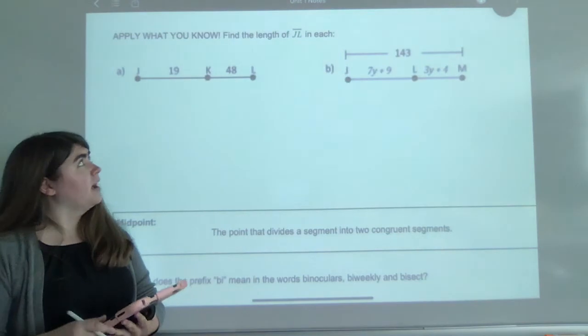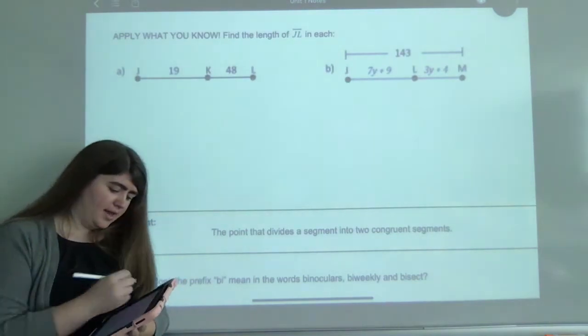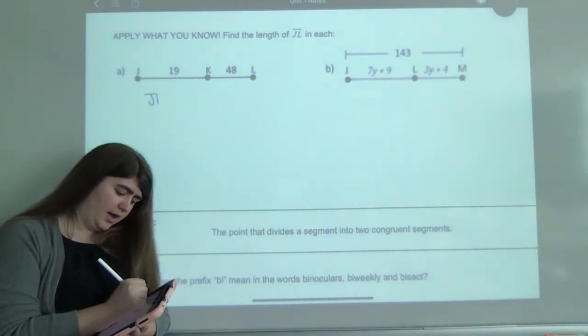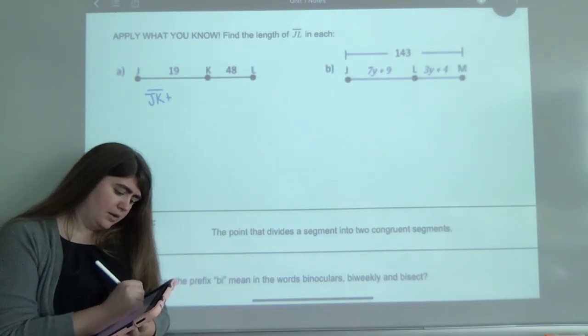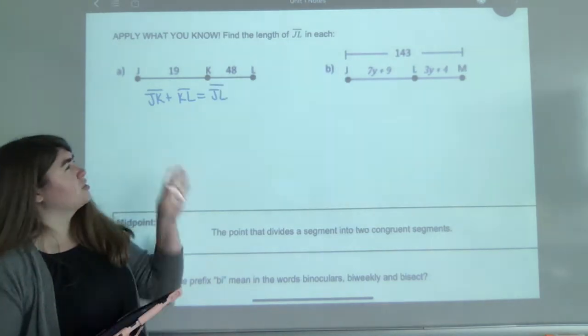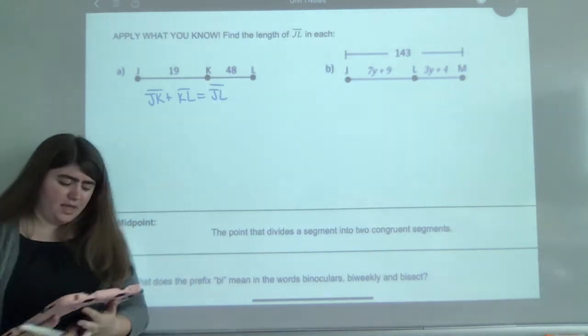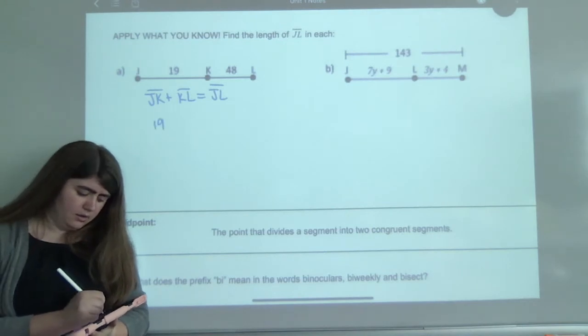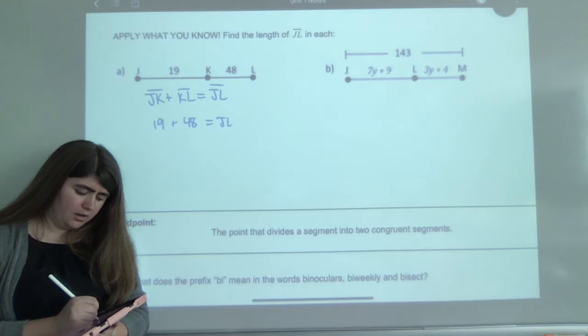So the reasoning behind this from our postulate says that segment JK plus segment KL is equal to segment JL. So because of this thought process, I'm going to go ahead and say that 19 plus 48 is equal to segment JL.